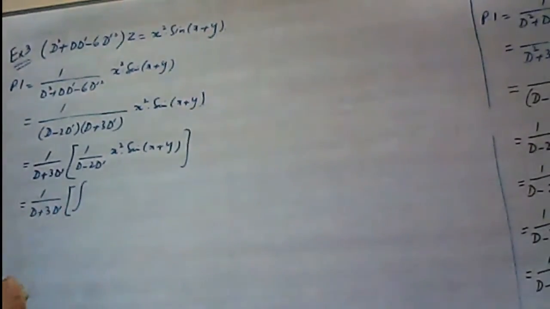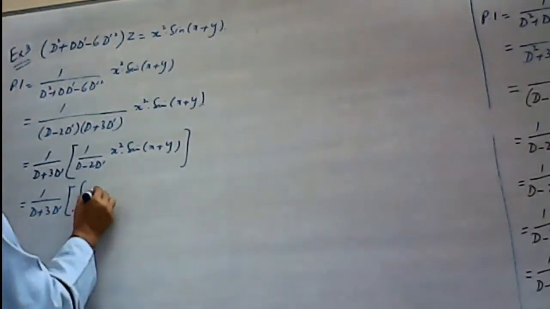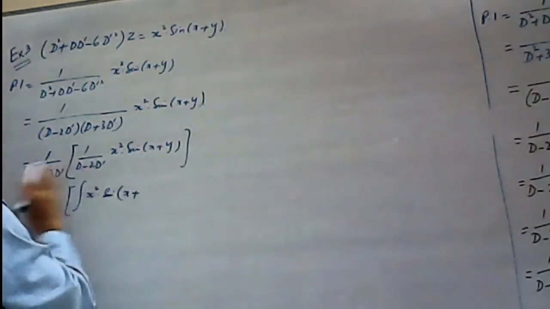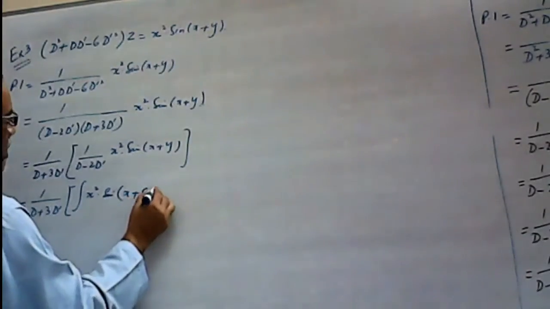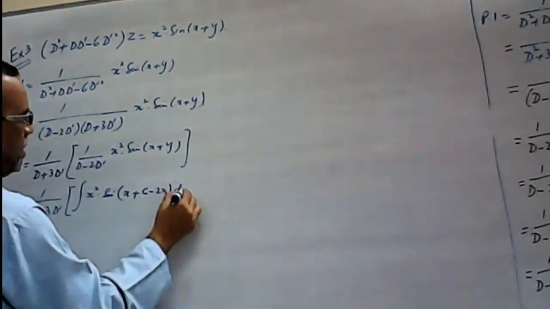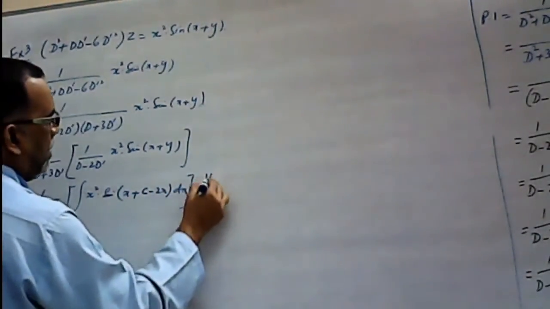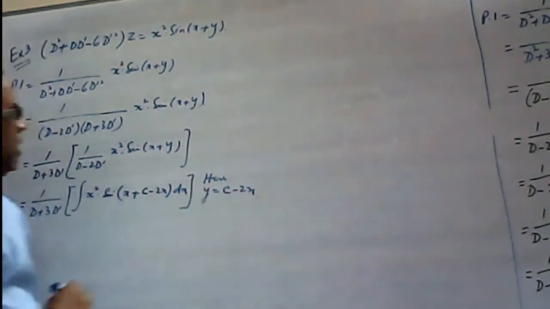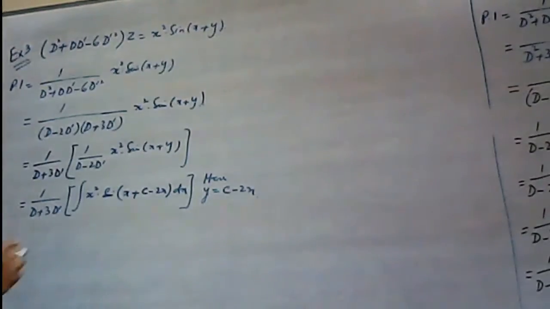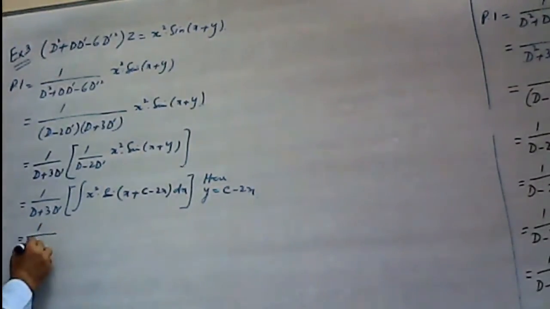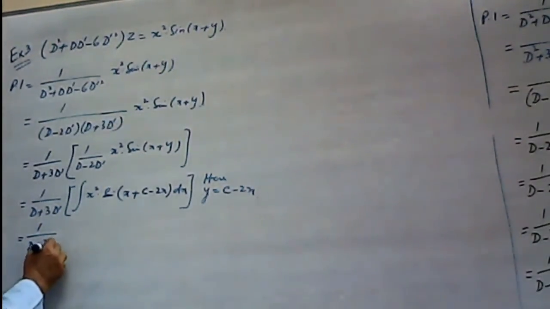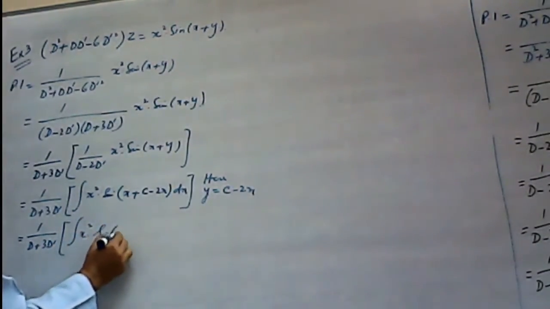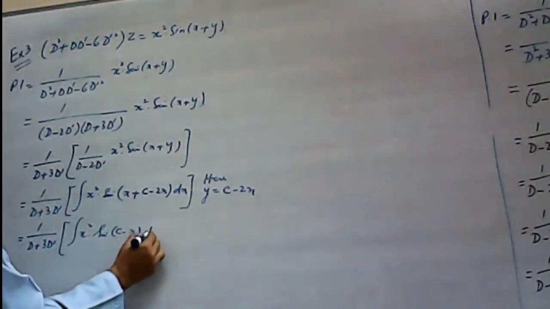It means we have the integral of x square sine (x plus y) dx, with y equal to c minus 2x. Here y equal to c minus 2x. It means my integral will become x square sine (c minus x) dx.